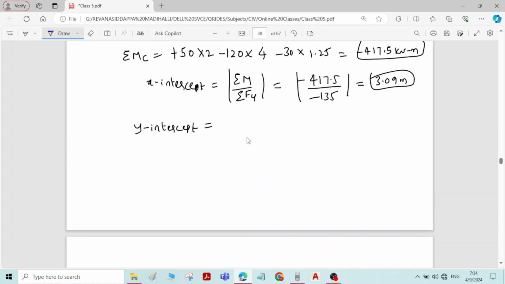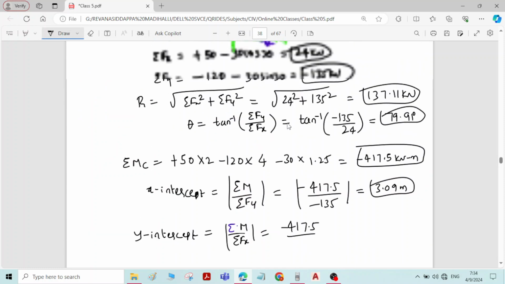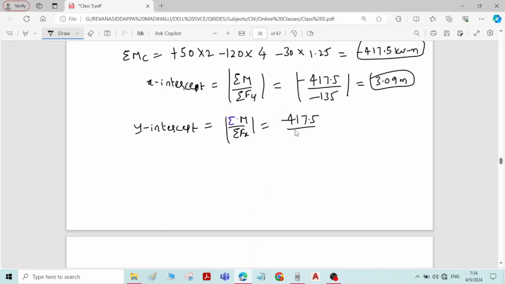That is how we located the position of the resultant force. Sigma M by sigma Fx: 417.5 divided by Fx, which is 24.